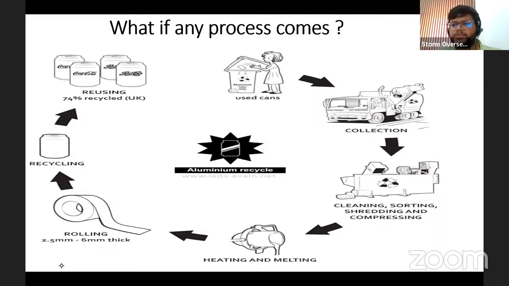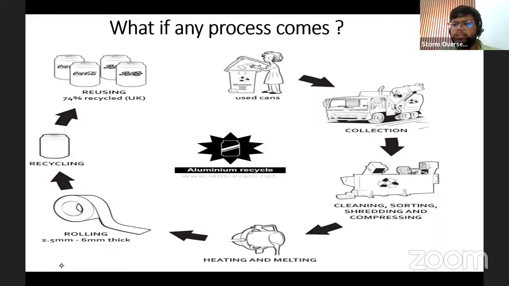Here the process is very easy, but if it is complex, or if it is a flow chart, then we should find out where the process is starting. So here our process is starting from the collection, and it is ending at recycling and reusing.